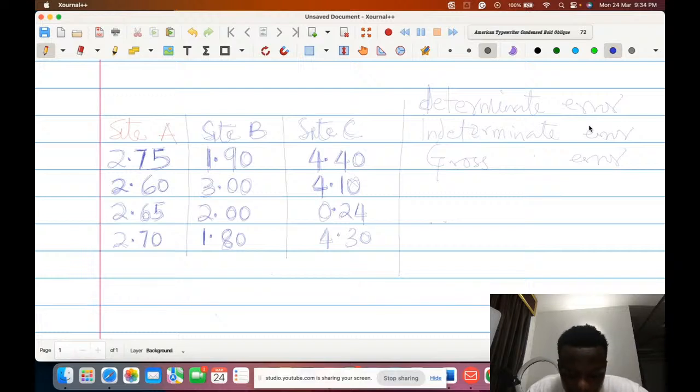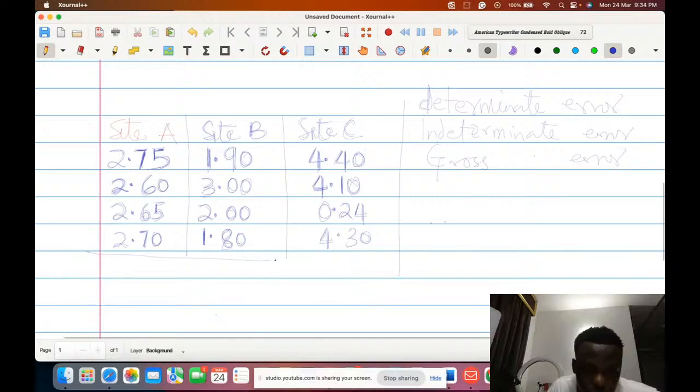If the true value of total calcium for this first one is 2.65, the true value for this second one is 2.40, and the true value for this one is 4.05. Remember, error is the difference in magnitude between the measured value and the true value.